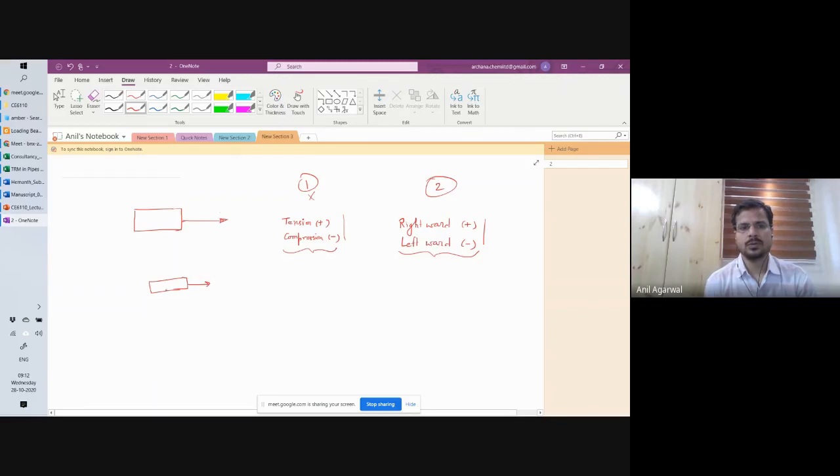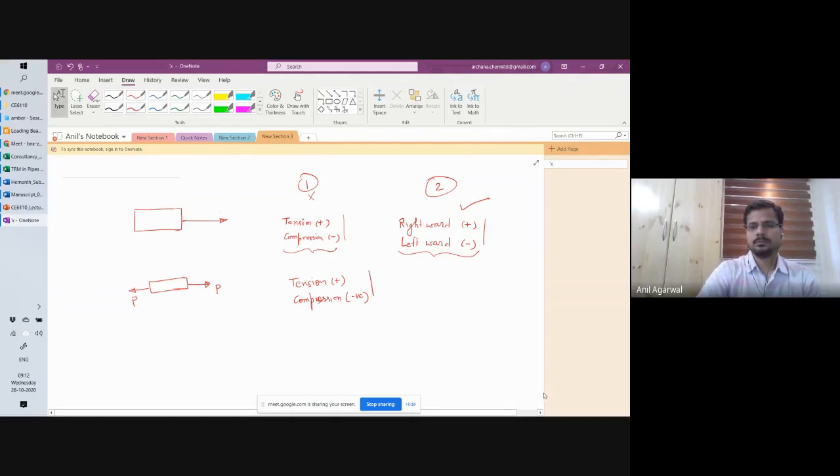If I had given you this force, then you would have to say tension versus compression. Tension positive, compression negative, where it's automatically assumed whatever force P you are applying here, same force P you are applying on the other side. Then you can say tension positive, compression negative. Fine. So this is the sign convention to be used here.